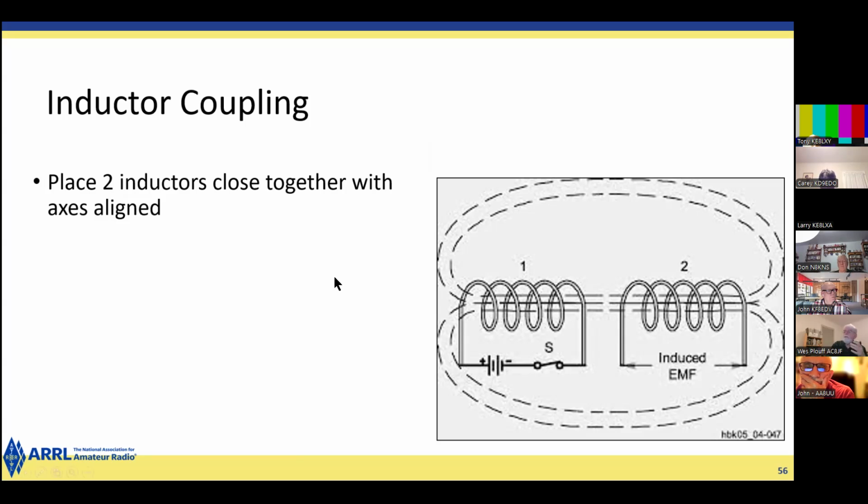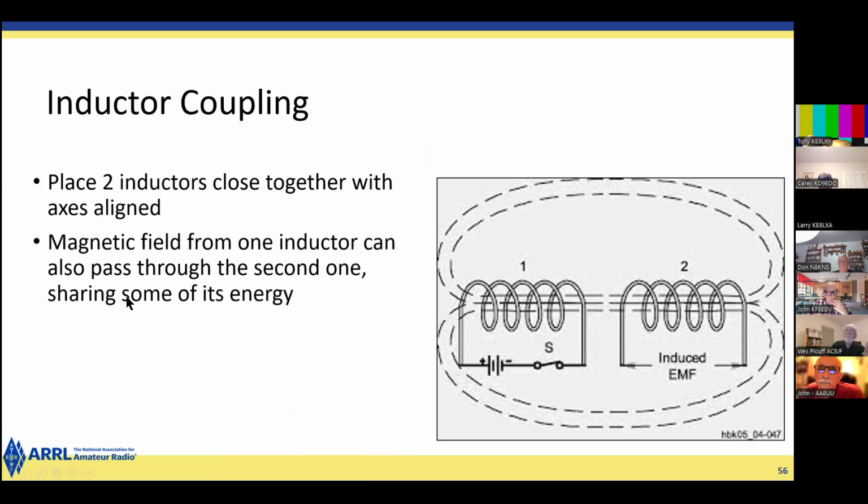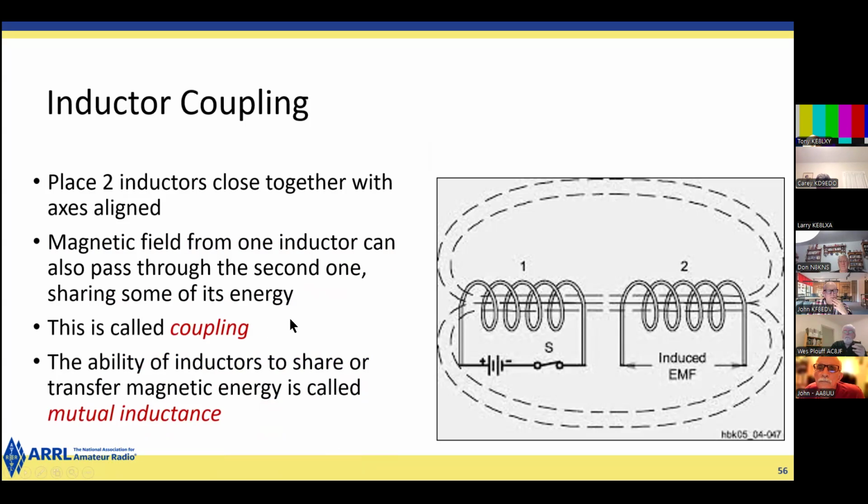What you'll see very often is if you have coils in a filter, for instance, that aren't supposed to interact with each other, they'll be at right angles with each other, or coils will be shielded in metal cans so they don't react with each other. But sometimes you want this. The magnetic field from one inductor can transfer energy to another inductor. And that's called coupling. And the ability to share or transfer the magnetic energy is called mutual inductance.